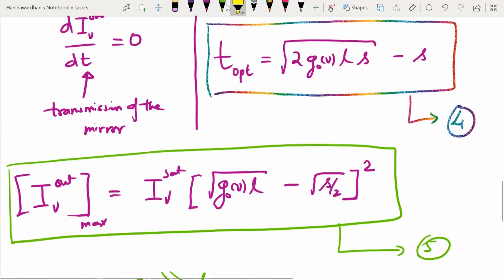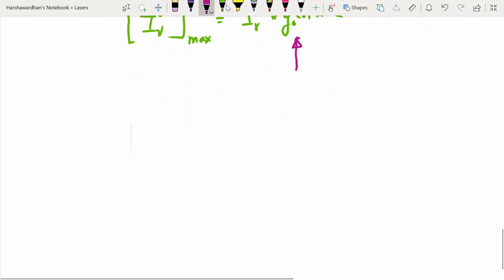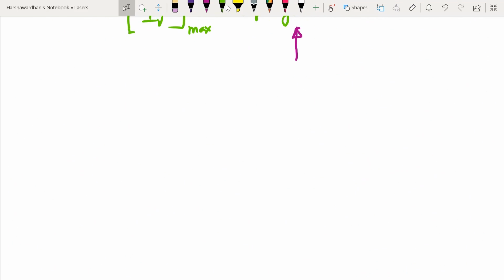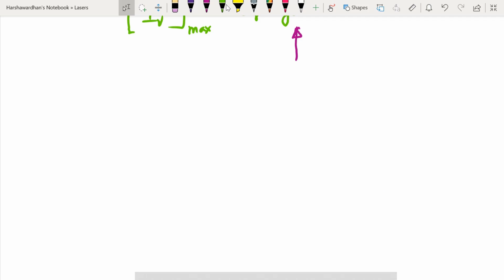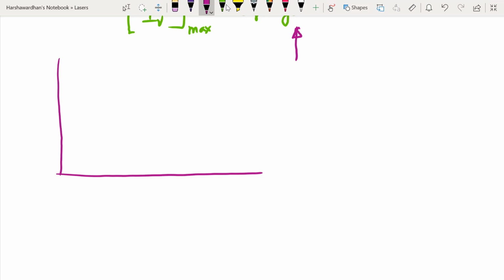Let me show you this. We are now looking graphically at how the output looks as a function of the transmission coefficient. These have been plotted for certain parameters, but the result is reasonably universal. Along the x-axis I'm looking at transmission in percentage, for example 6%, 12%, 18%.